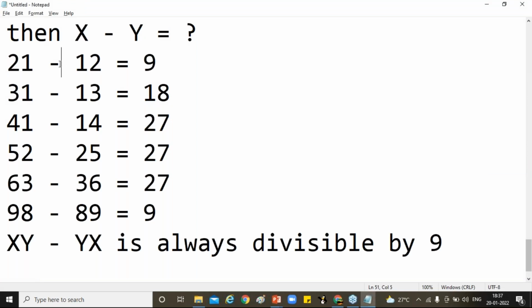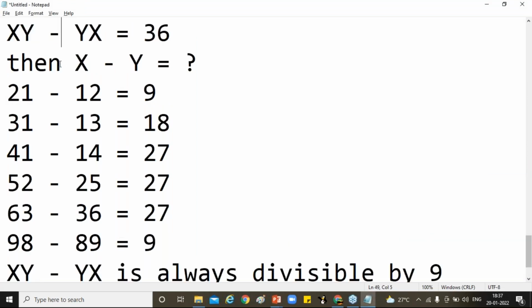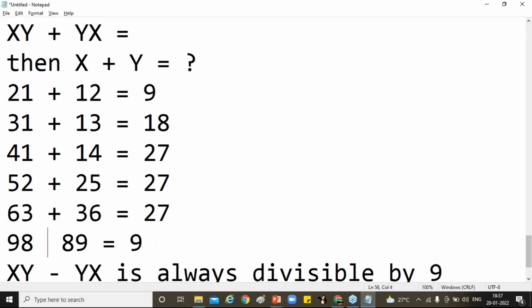So now, whenever they give xy minus yx, you have to go for x minus y. If xy plus yx is given, then you have to find x plus y. So 21 plus 12, 31 plus 13, 41 plus 14, 25 plus 52, 63 plus 36, and 89 plus 98.